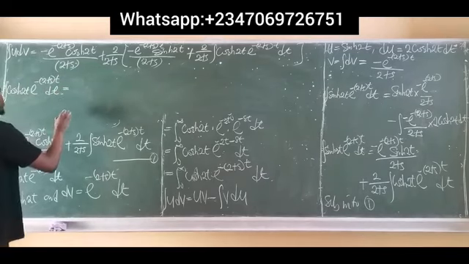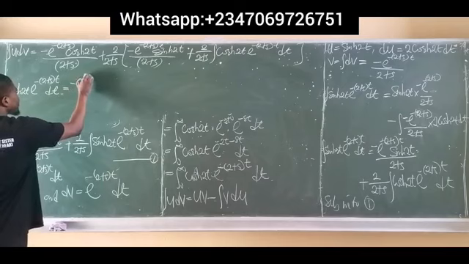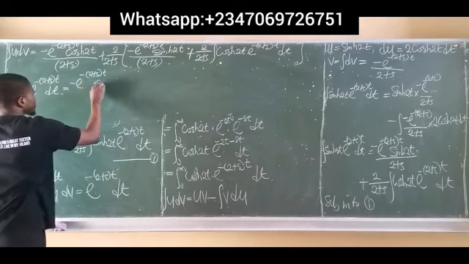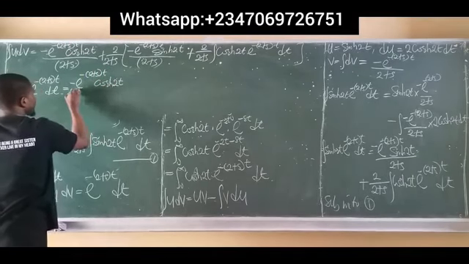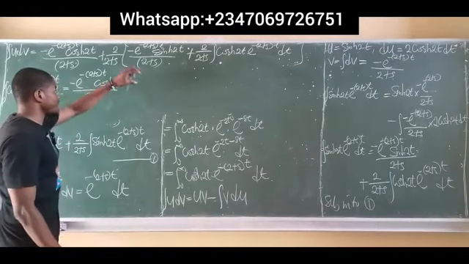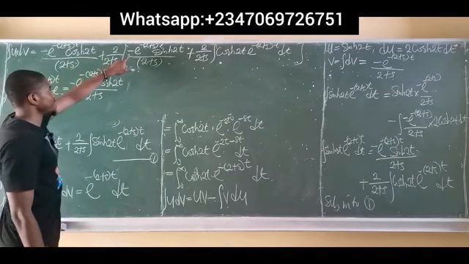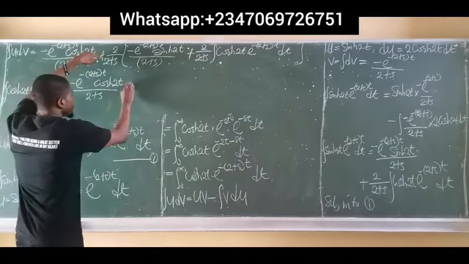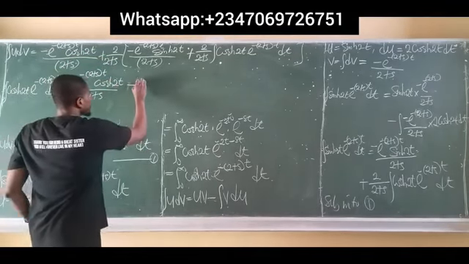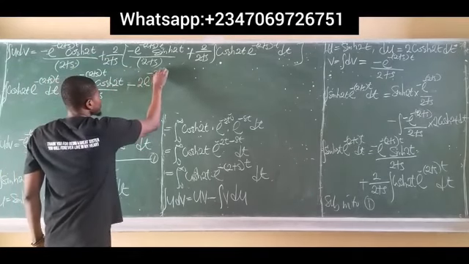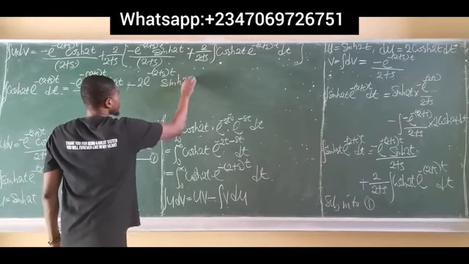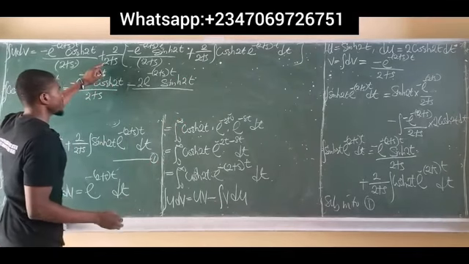And this is now equal to minus e to the power of minus (2 plus s)t cos 2t all over 2 plus s. Now we can expand this bracket with 2 over 2 plus s. Notice that there's a minus here and this is plus, so minus times plus becomes minus 2 times the numerator, 2 plus s over here, multiplied by the denominator here. So we have 2 e to the power of minus (2 plus s)t sine 2t all over 2 plus s, which multiplies 2 plus s here.